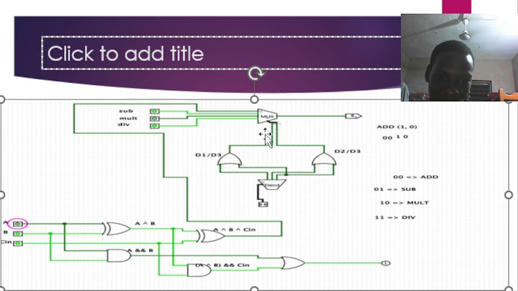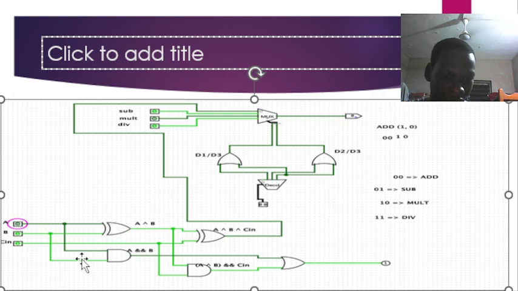So this is also going to be 00, and with the 00, the multiplexer here is going to pick the first line over here, which is actually inactive. So the output here will also be 0, which is inactive. This is inactive because this line is inactive because of this side over here.